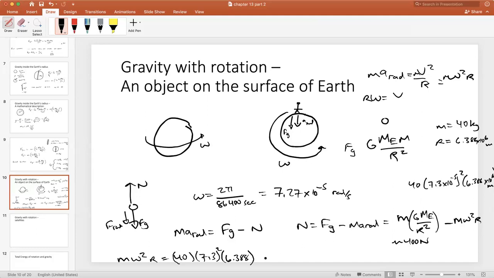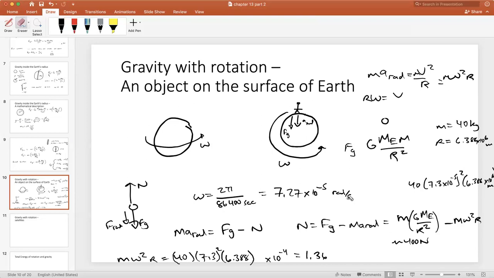So this whole thing is going to be times 10 to the minus 4. 40 times 7.3 times 7.3 times 6.388, I get 13.6 times 10 to the minus 4. So I get 1.36.